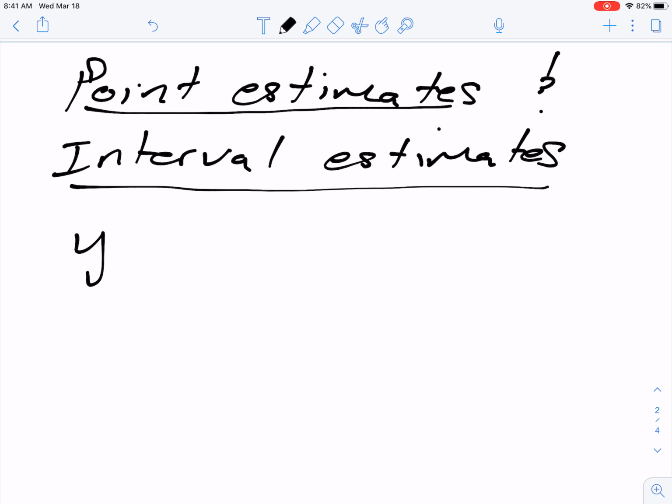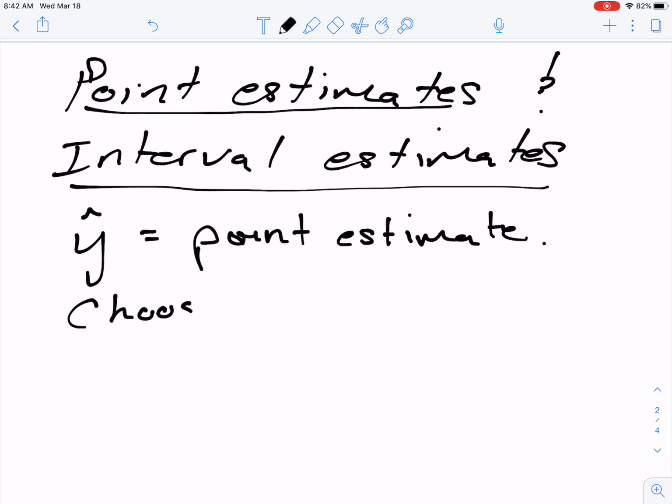So y hat, the predicted value of y, will always be the point estimate. So we'll just plug in the values of x into our regression equation, and whatever our regression equation spits out, that will be our point estimate for y. So we will choose some x star value, the value of x that we are interested in guessing the value of y for.